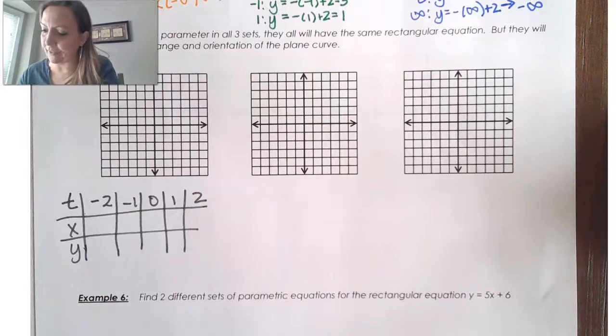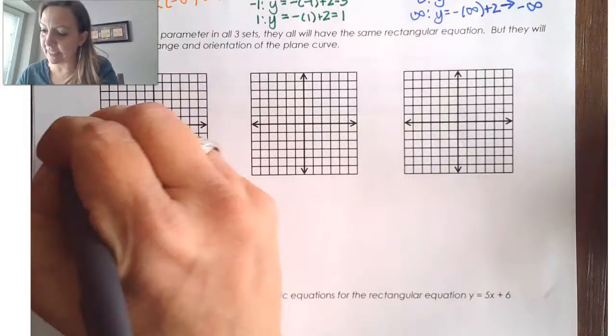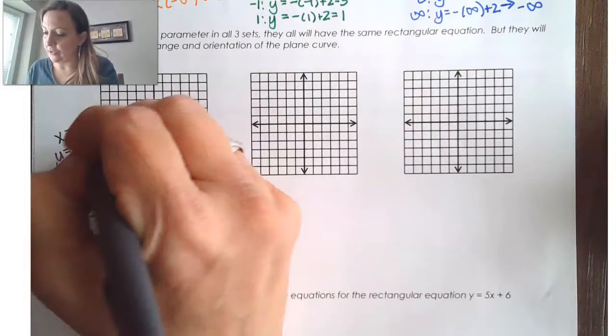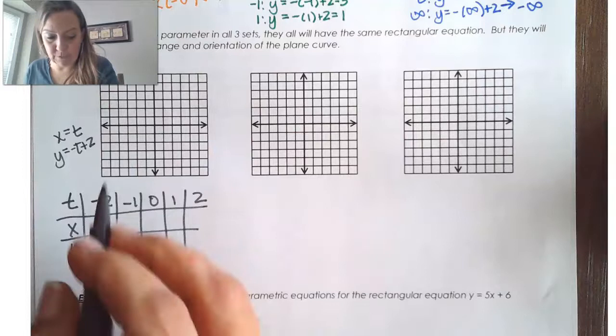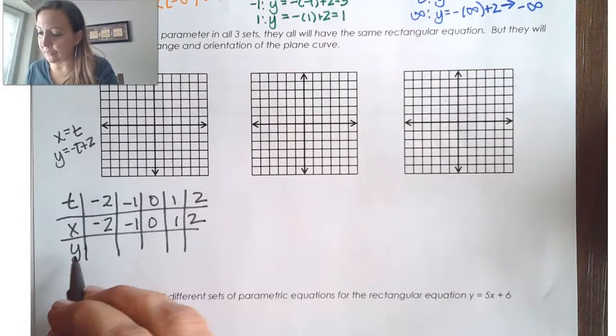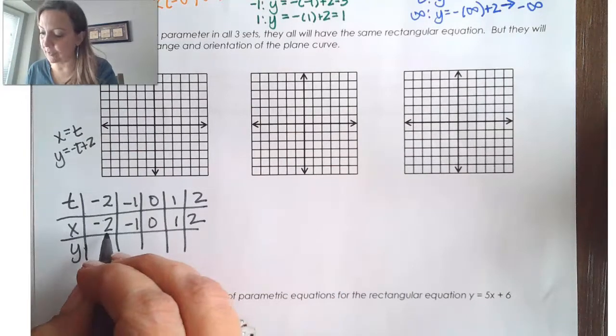And so again, remember here that x was equal to t and y was -t plus 2. So x is going to be equal to t in all of these cases. And then y is going to be equal to the opposite of t plus 2.